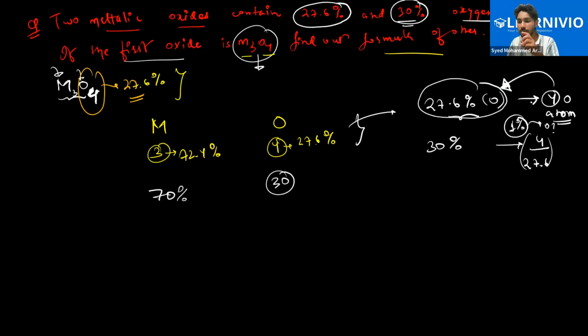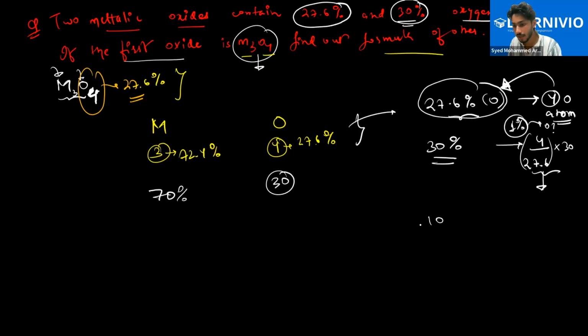You are not going to be able to answer in a whole number manner, because if you divide 4 by 27.6, you're not going to get a whole number. But I am dividing this in order to multiply it by 30, so that I'll get my number of oxygen atoms in 30 percentage, because this is the unitary method.